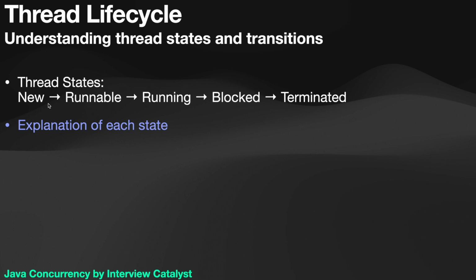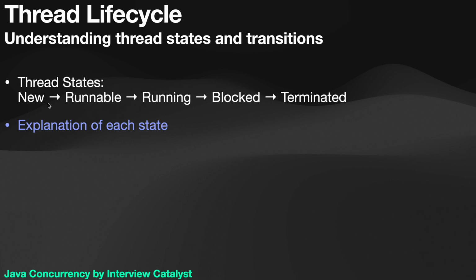Runnable state is when we call the start method and we are waiting for the CPU scheduler to allocate time to this particular thread. When the CPU selects this thread and executes it, the thread comes into the running state. From the running state, the thread can be blocked, for multiple reasons like input output operation, or once the execution is done, it can go to terminated.